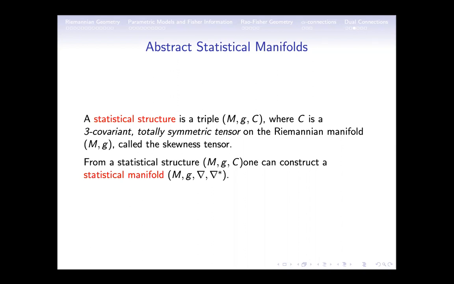Skewness tensors are introduced in different ways on Riemannian manifolds; this is a particular way. And then from a statistical structure, one can construct a statistical manifold, which has a manifold M, a Riemannian metric g, and a pair of dual connections, nabla and nabla star. Those are basically nabla 1 and nabla minus 1. So this is basically the abstract formulation of statistical manifolds.